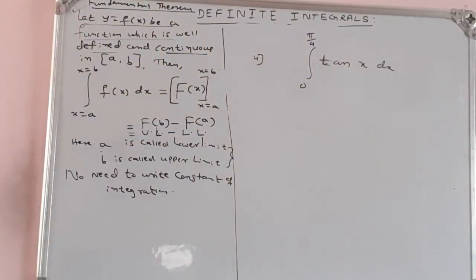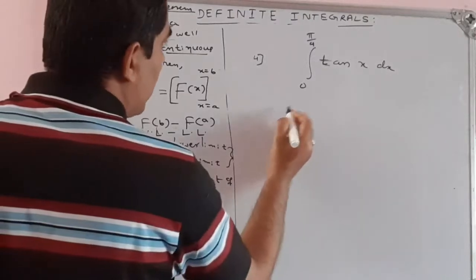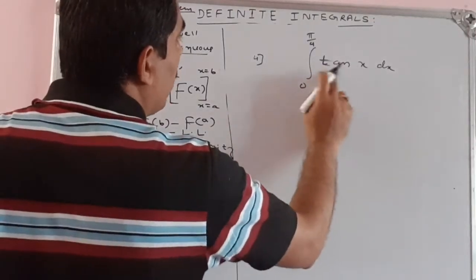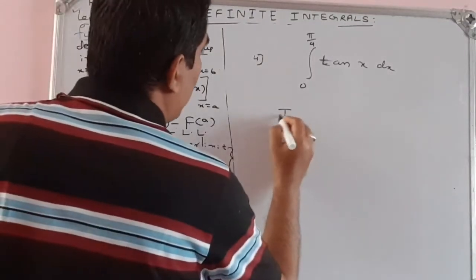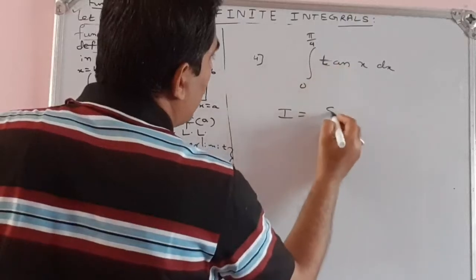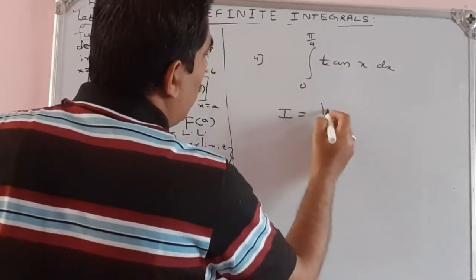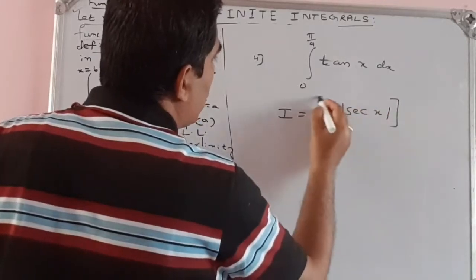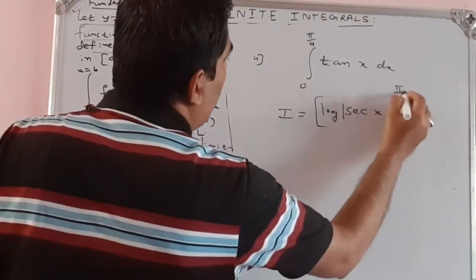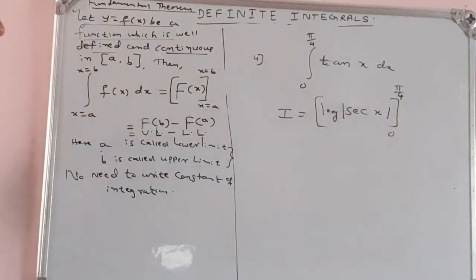First of all, we think about the formula. What is the integration of tan x? We have a standard formula. The integration of tan x is log of secant x, 0 to pi by 4. This is the standard formula, log of secant x.